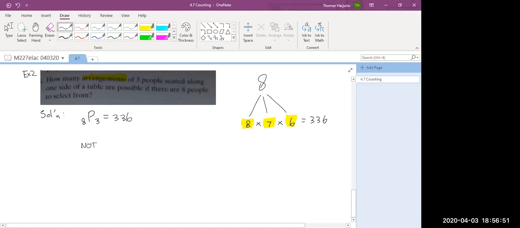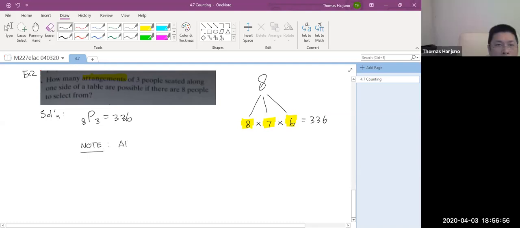Note: all permutation problems can be done using a fundamental principle of counting.